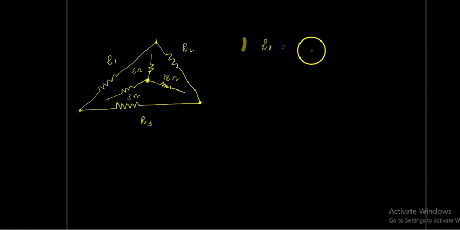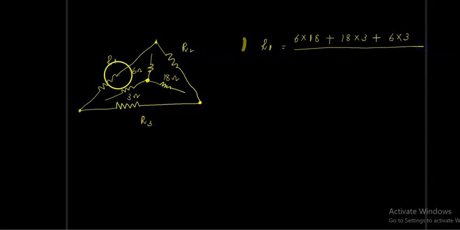First you have to multiply 6 ohm and 18 ohm, 18 ohm and 3 ohm, and 3 ohm and 6 ohm, and add all together: 6 times 18 plus 18 times 3 plus 3 times 6.